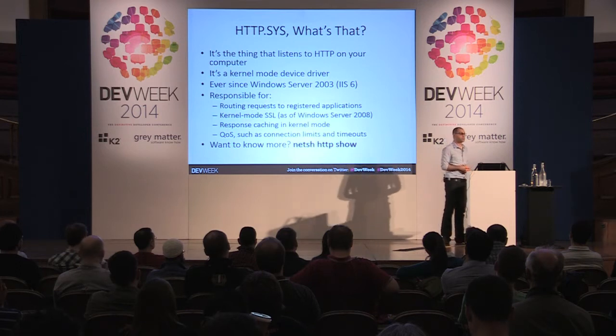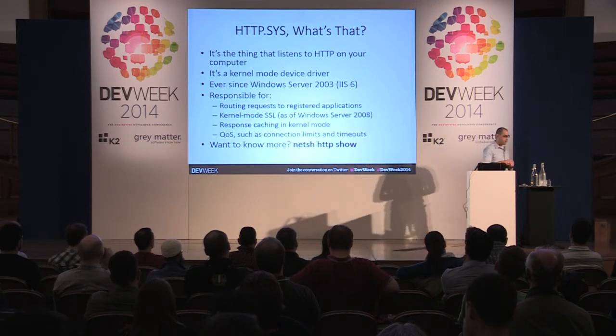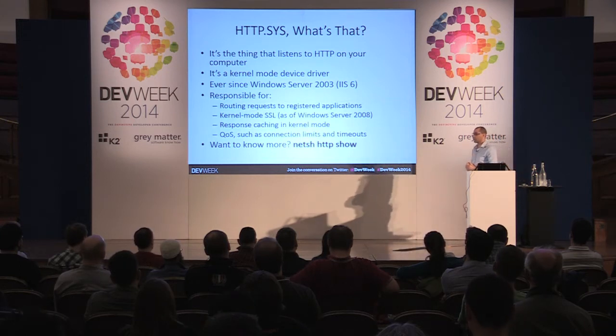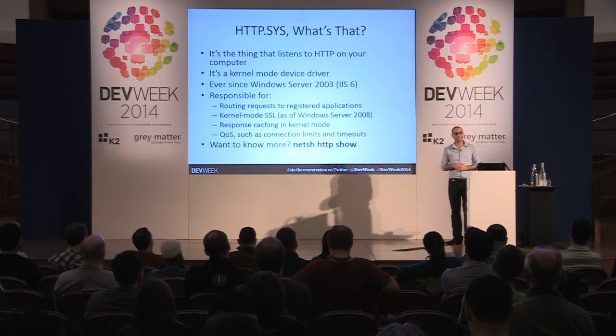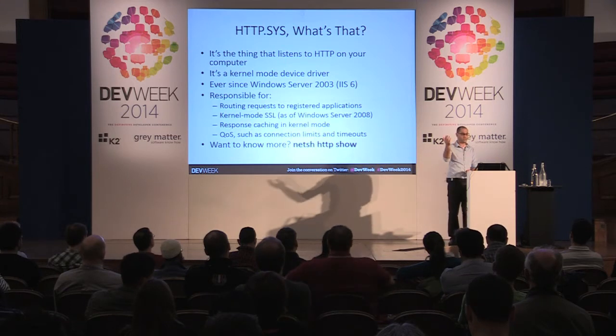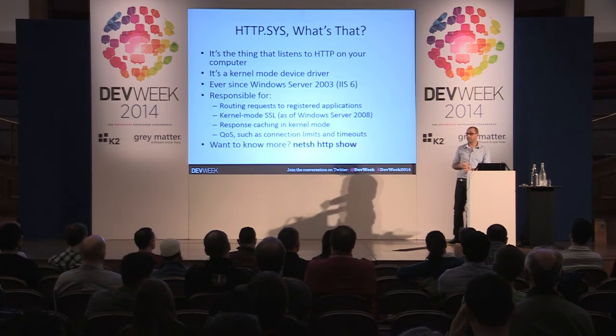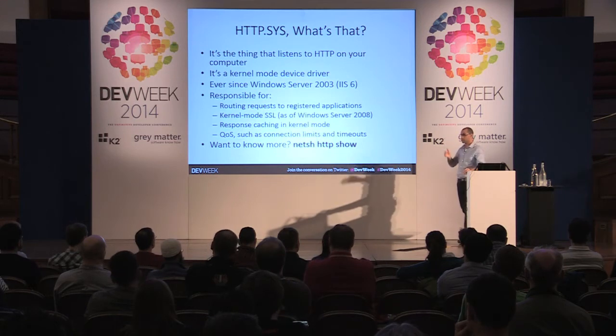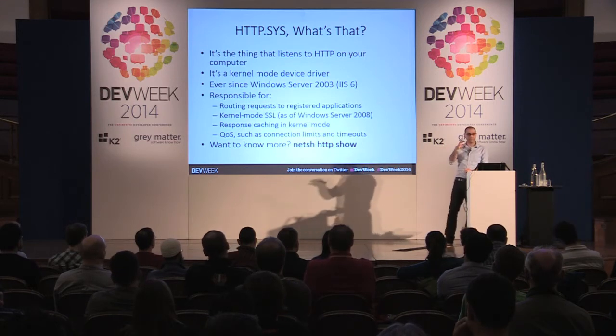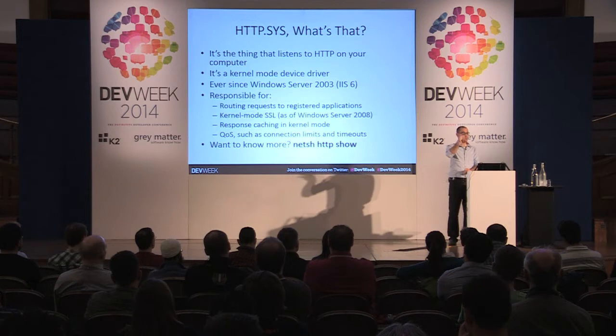Actually, ever since Windows 2003, there is a kernel device driver that listens for HTTP communication. Whenever you are using IIS or something like WCF or any HTTP listener in C++ or .NET, there is actually a device driver in Windows that opens a socket for you.